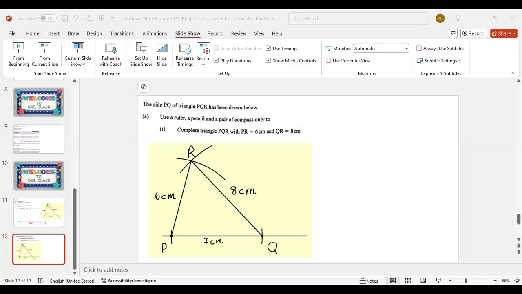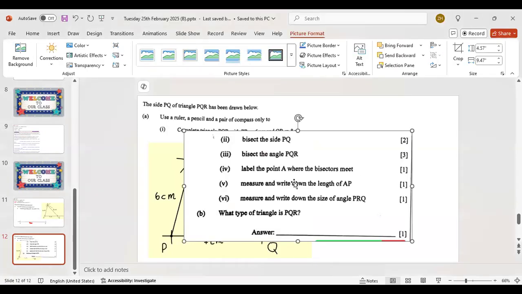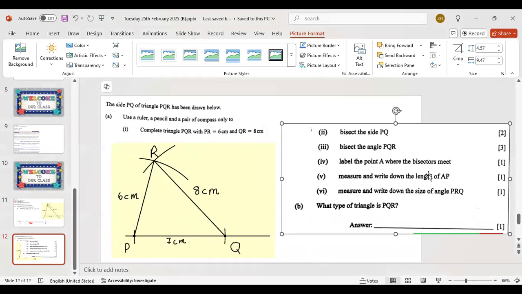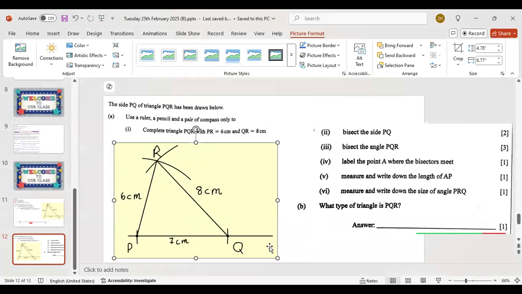I want to show you all this side. The next part that they want us to do, I want you all to write this down for me. We already drew the triangle, and that was pretty good. But they want us to do these parts.